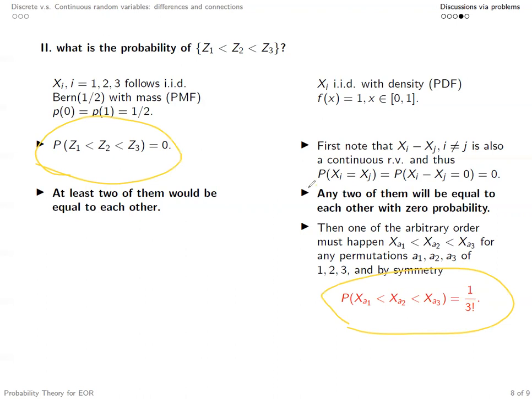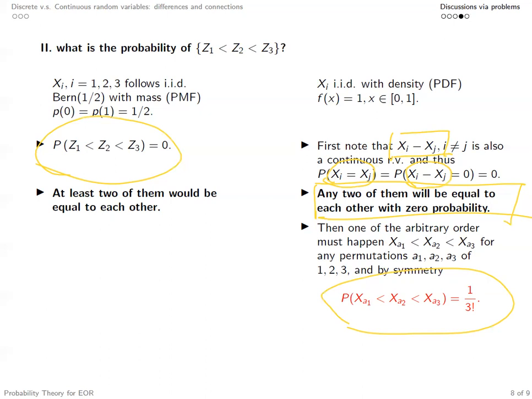And here, notice that for 2 different continuous random variables, if they are independent from each other, then the probability of one equaling another, as long as there are 2 different continuous random variables, and their difference is again a continuous random variable, we know they can only be equal to each other with probability value of 0.